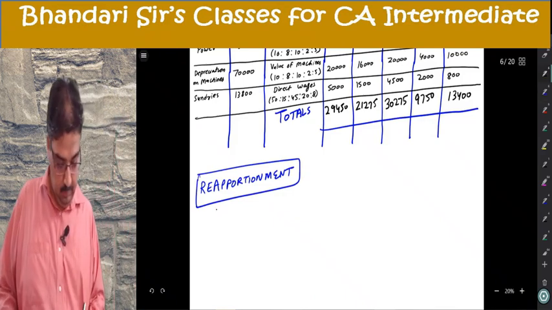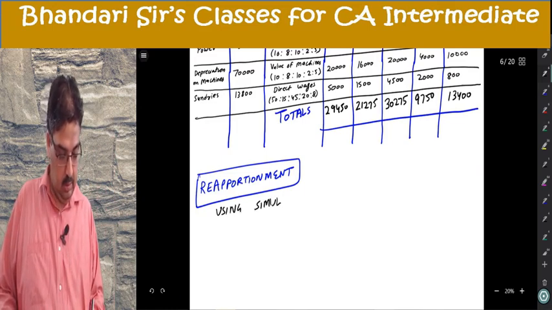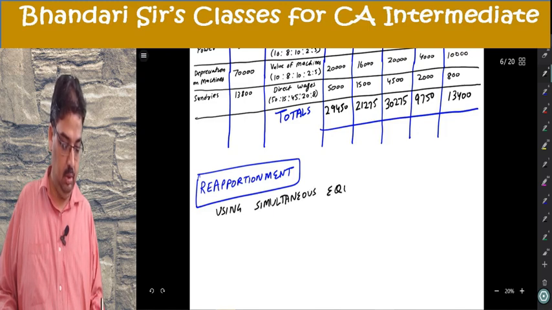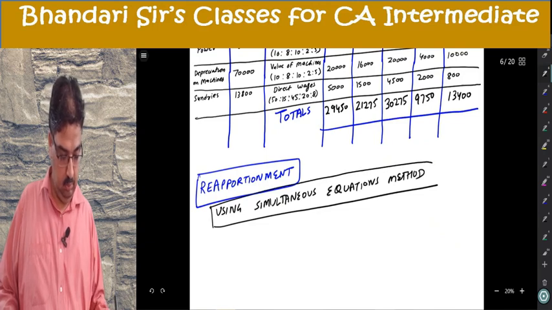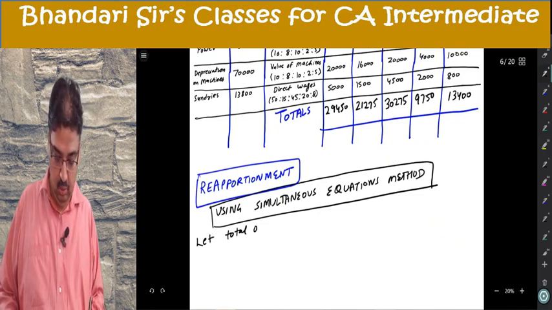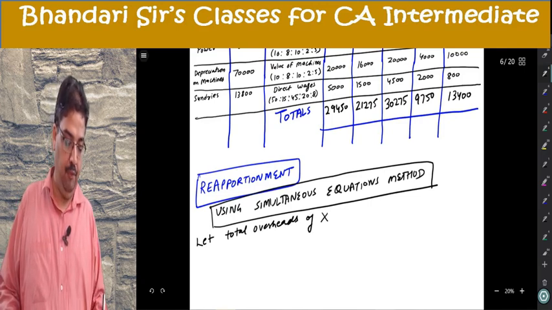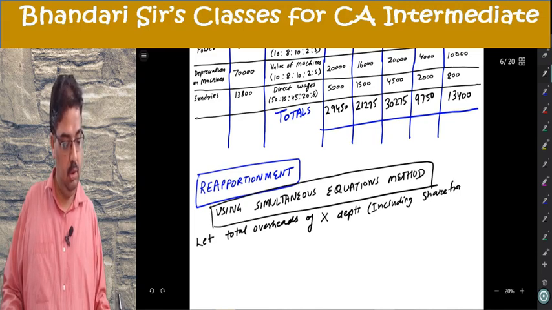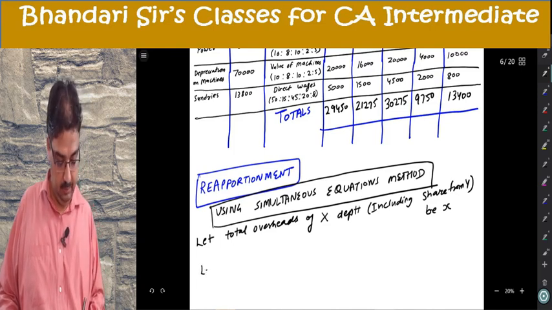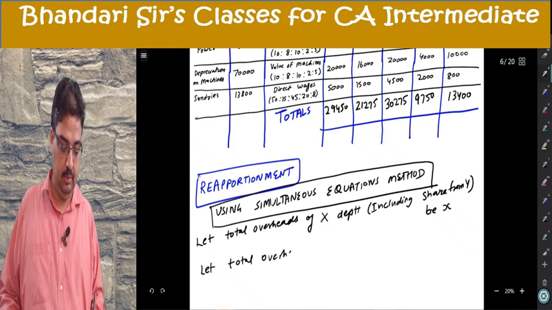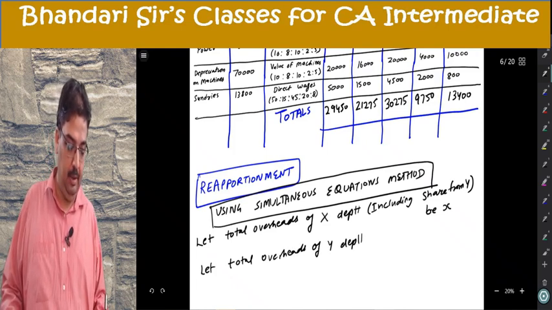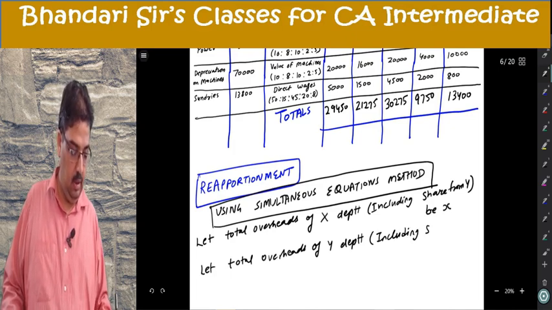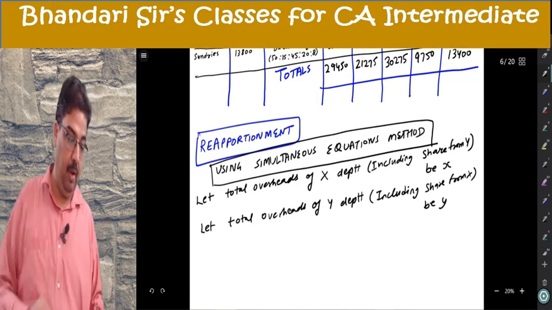So using the simultaneous equations method, let total overheads of X department including share from Y be X. Similarly, let total overheads of Y department including share from X be Y. From the above I have to take figures.